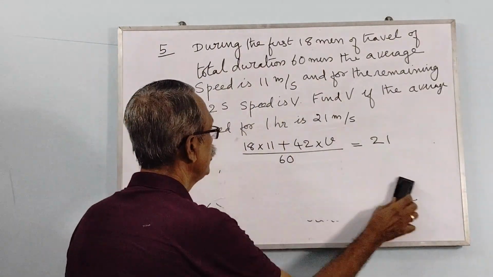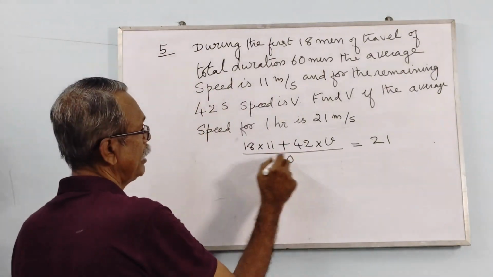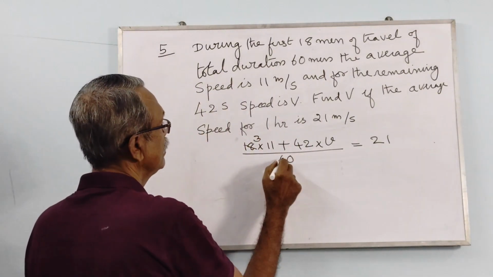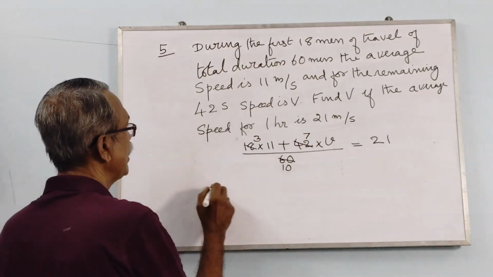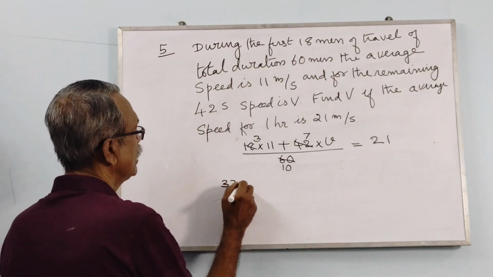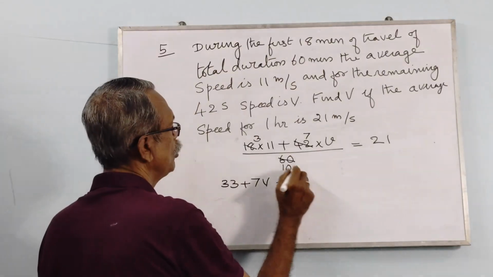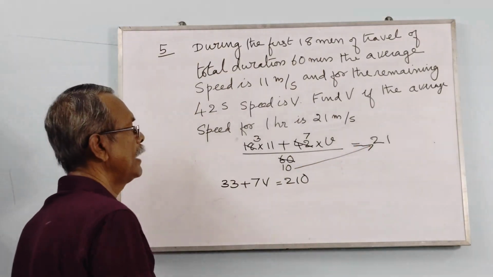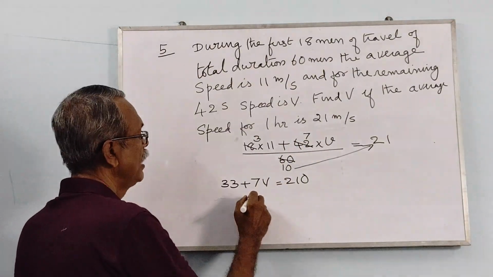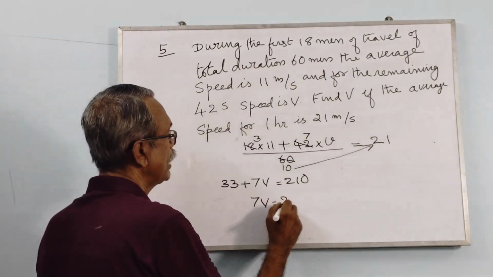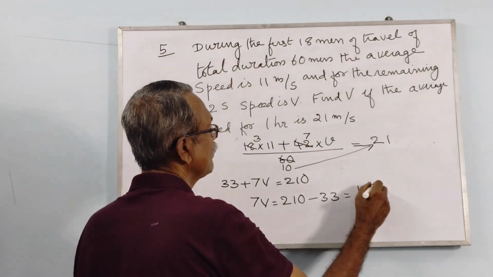Now 18 and 60 you can divide by 6, this becomes 3, this becomes 10, this becomes 7, and this will become 33 plus 7V is equal to 210. You multiply 21 with 10, 11 multiplied by 3 is 33, and 7V is equal to 210 minus 33, equal to 177.